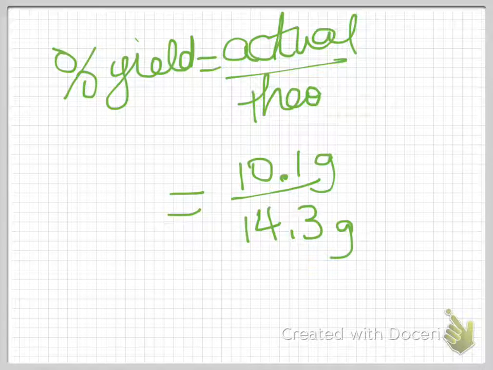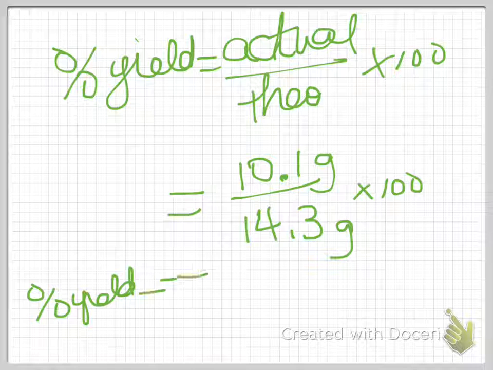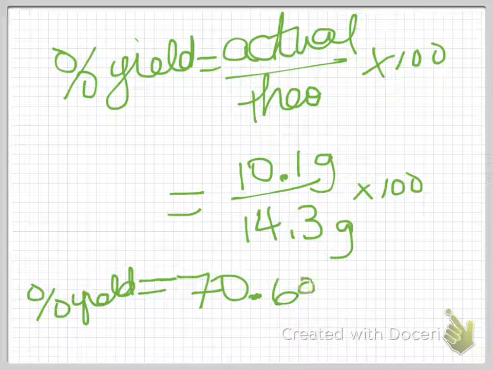So what would be our percent yield? Well, we'd say 10.1 divided by 14.3, and then we times that by 100 just to make it into a percent. So our percent yield would be 70.6%. That's how you find that.